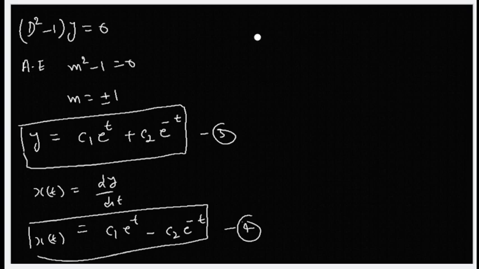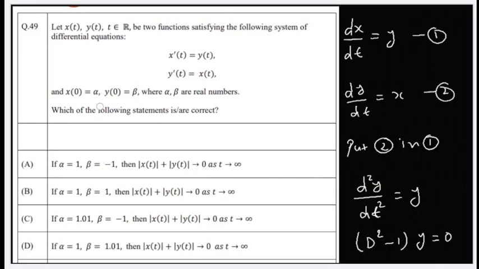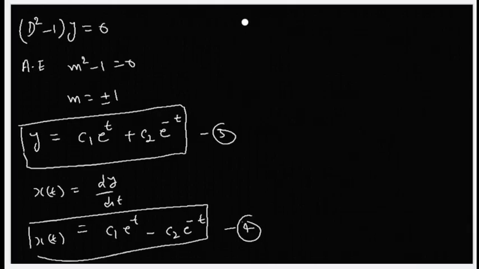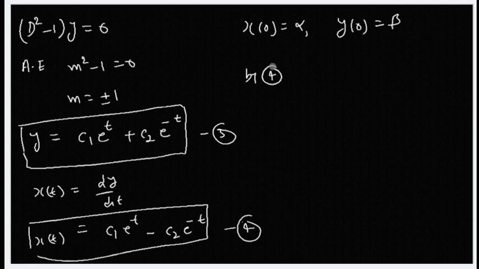Now what is the condition? The condition is x of 0 equal to alpha and y of 0 equal to beta. So apply this condition here. From equation 4, x of 0 equal to alpha, so alpha equal to c1 e to the power 0 minus c2, writing 0 in place of t.